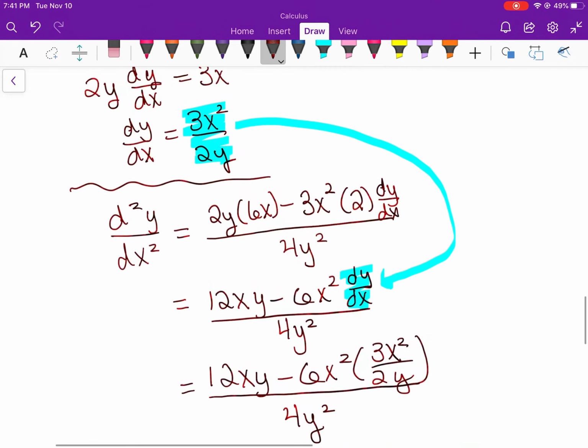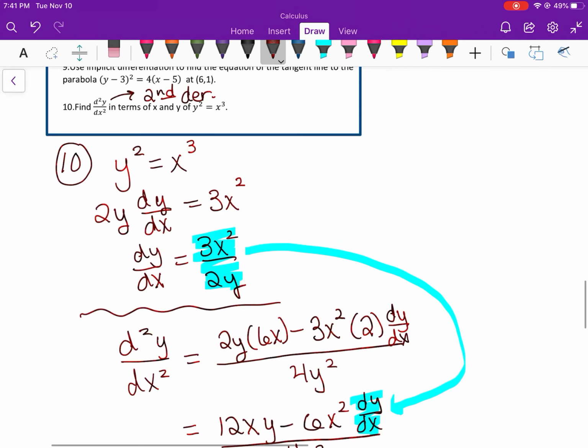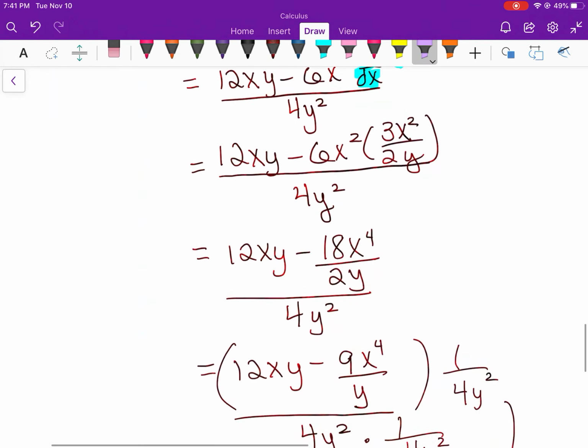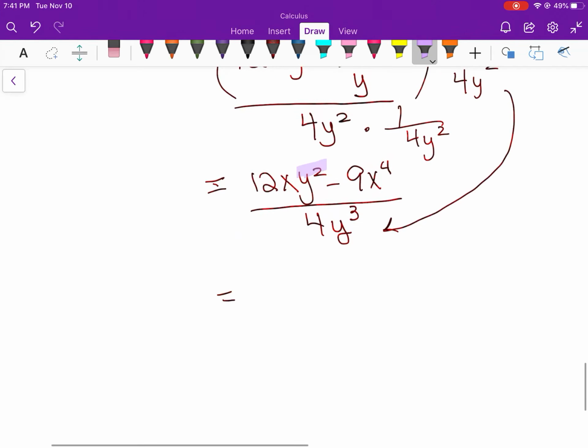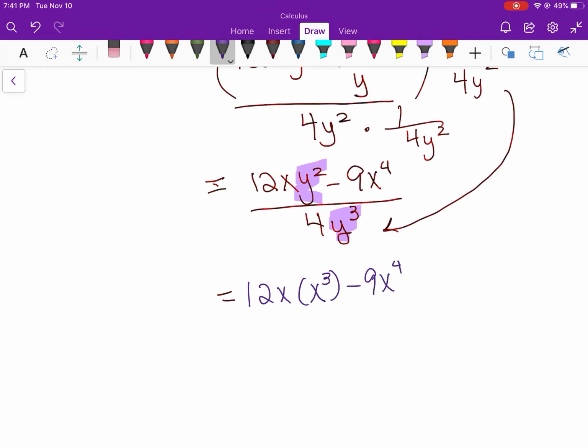So up here at the very beginning, we said that y squared is x to the third. So what I'm going to do is take out that y squared and a y squared from in here and put in x to the third. So I'll have 12x times x to the third, minus 9x to the fourth, over 4 times y to the third.